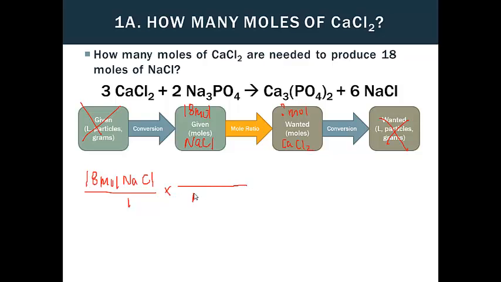Mole of NaCl goes on bottom, and mole of what I'm looking for goes on top. According to my balanced equation, there are 3 moles of CaCl2 for every 6 moles of sodium chloride. So mole of sodium chloride cancels, and my answer is 9 moles of calcium chloride.